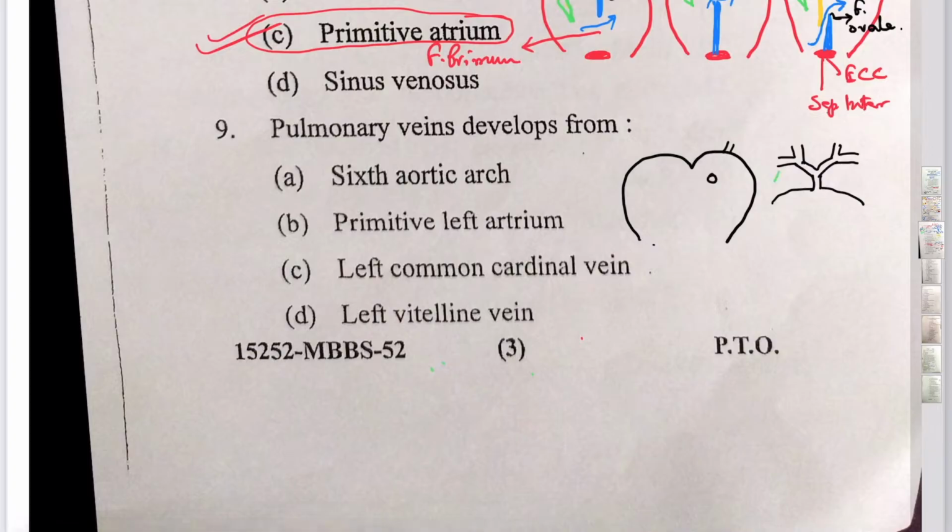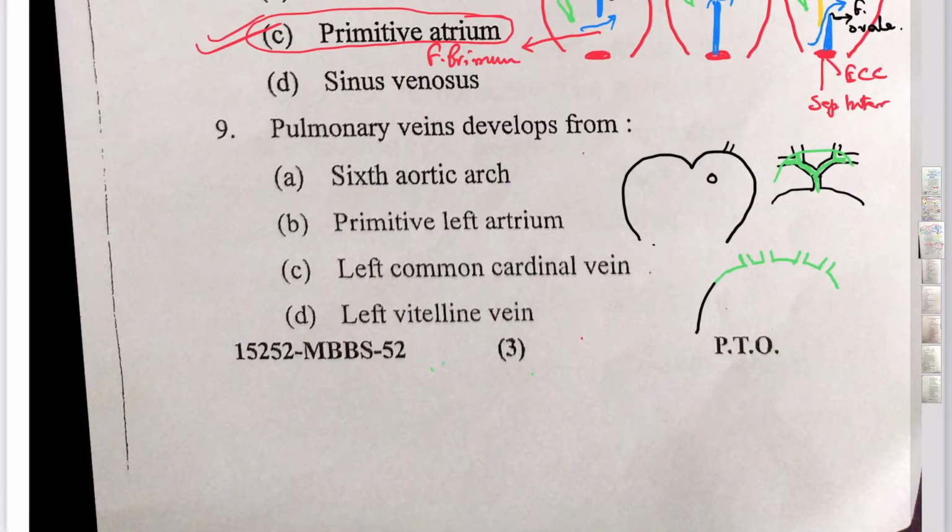Gradually in the course of development, the portion I've drawn in green color is going to get absorbed and incorporated. The green portion of this primordial pulmonary vein will get absorbed and will contribute to the development of the posterior wall of the left atrium. You can see that it will be something like this.